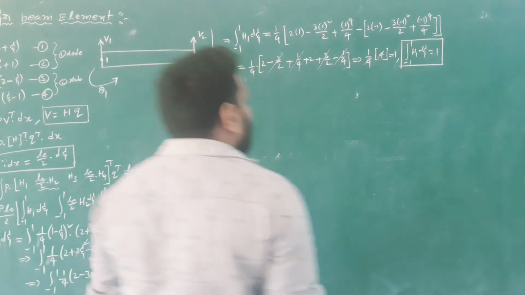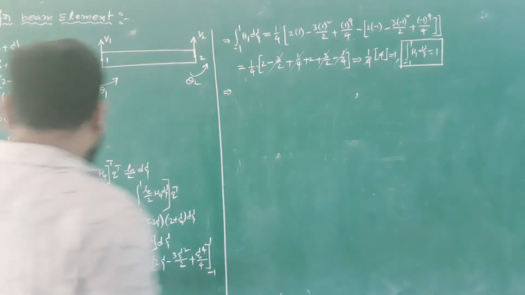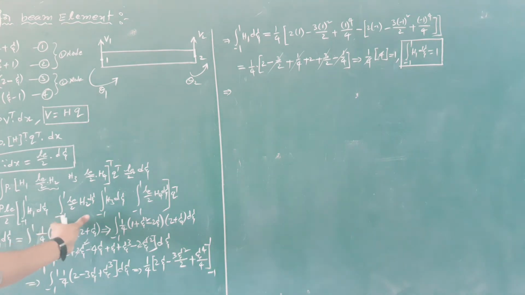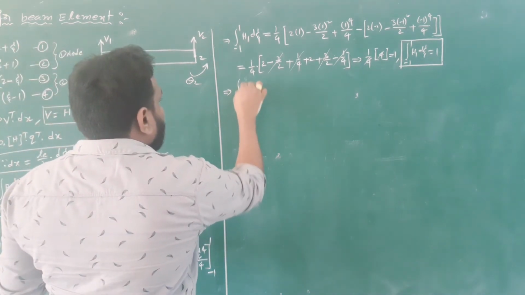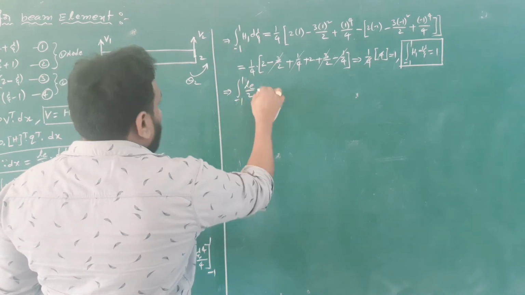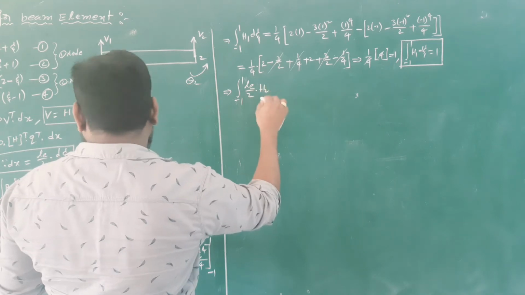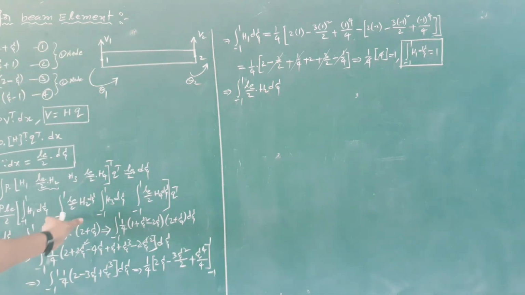Okay, next, now write the second term here. I am taking the second term, integral of minus 1 to 1 into LE by 2 into h2 into dz. This is the second term only.